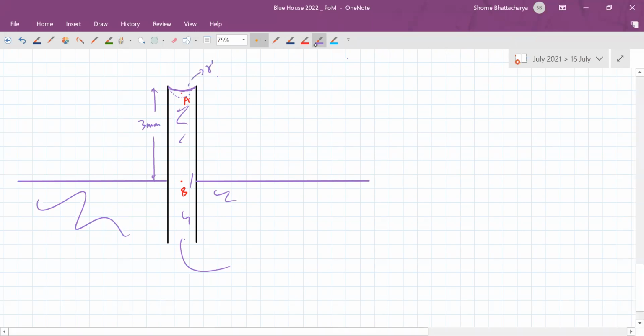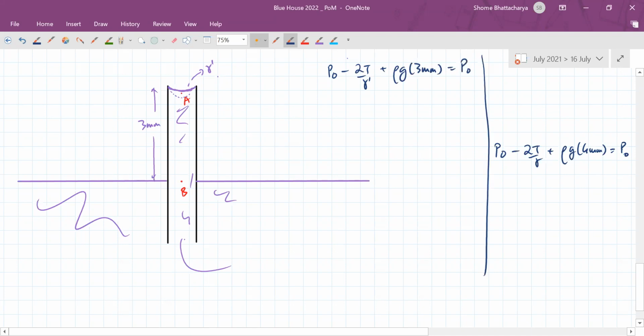Okay. So what was happening earlier was that P naught minus 2T upon r plus rho g into 4 millimeters was equal to P naught. But now P naught minus 2T upon r prime plus rho g into 3 millimeters will have to become equal to P naught.